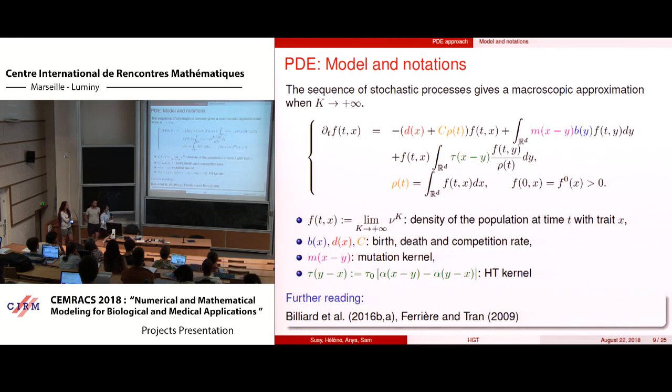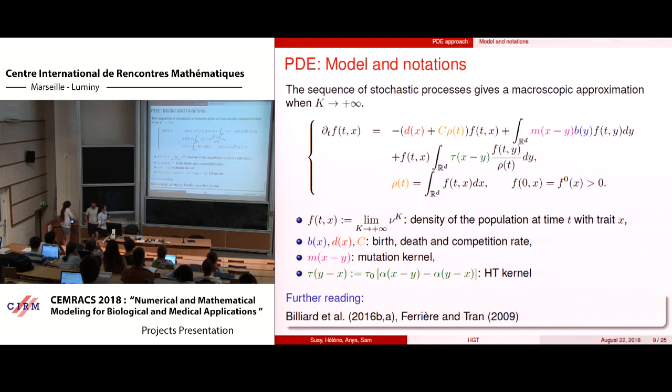We also have one integral term representing the burst rate, which is also multiplied by some mutation, because Anya already explained that when we have bursts, we can have some mutation in the new individuals.